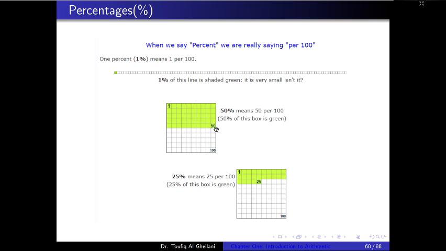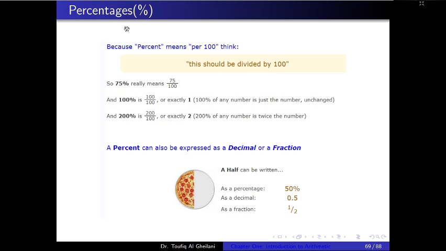We divide it into 100 squares. So this shaded part will be 50%, meaning 50 per 100. Here we shaded 25, that means 25%, or 25 per 100. Because percent means per 100, we think this should be divided by 100.